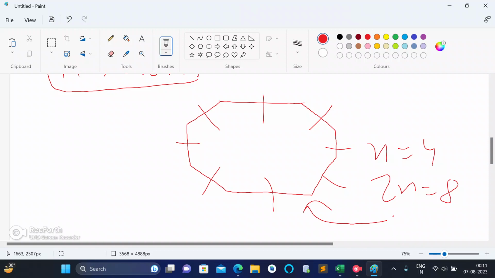So what you have to do in the question is make a square such that the square will enclose this regular polygon. What is the meaning of enclose this regular polygon? It means every point which lies on the regular polygon or inside the regular polygon must also lie on the square or inside the square.